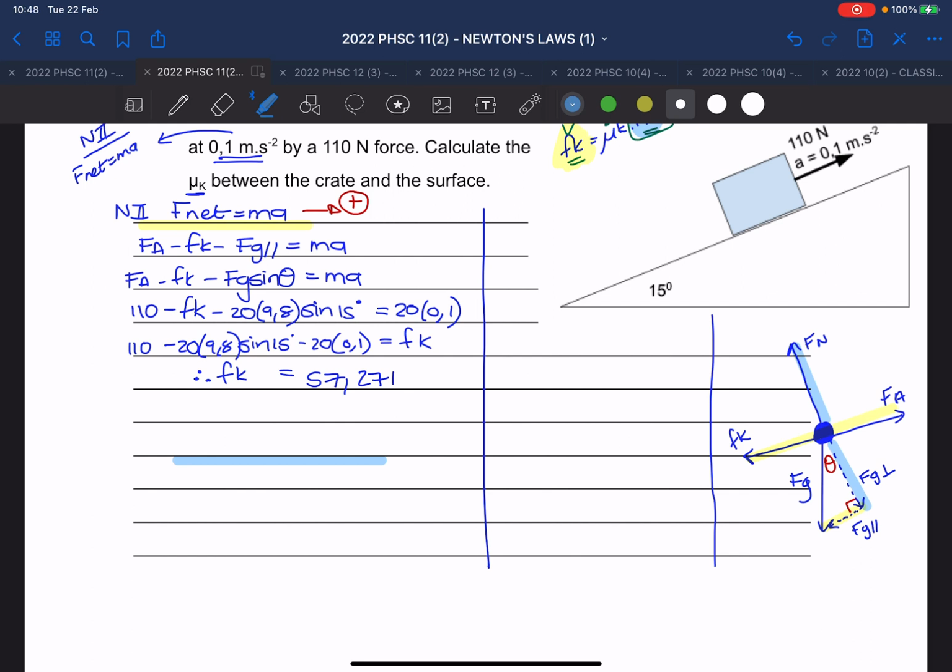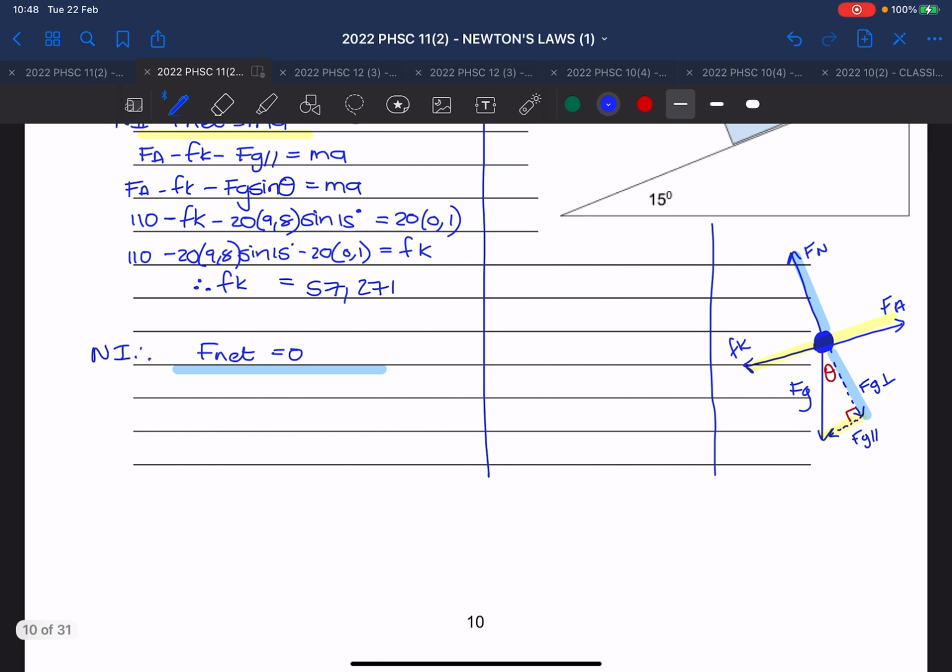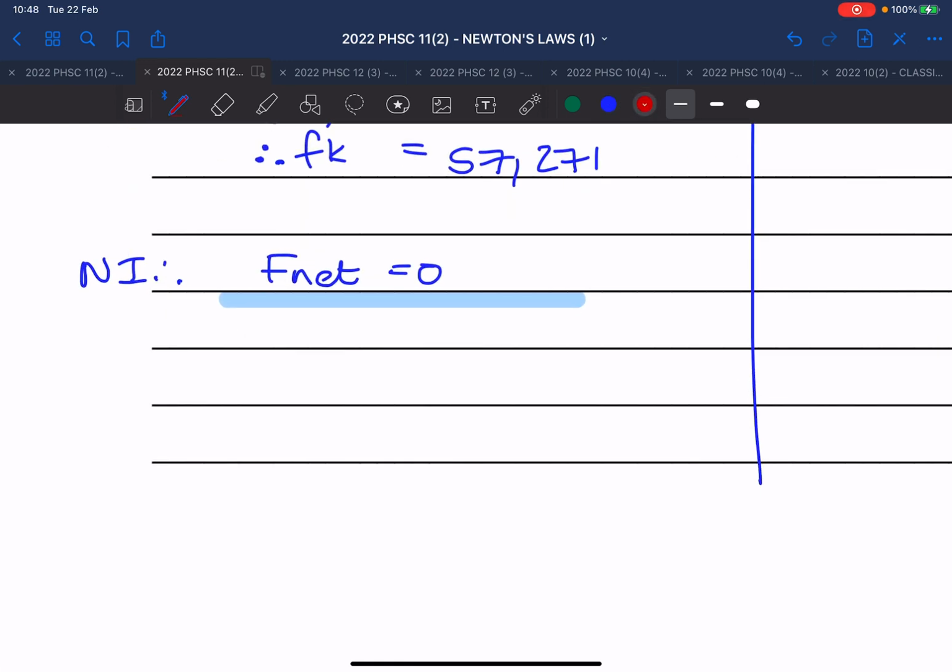Mama, is the object moving up or down? No. So which law? Newton's first law. And you can choose if you want to take up or down to be positive. It doesn't matter. I'm going to choose up to be positive.